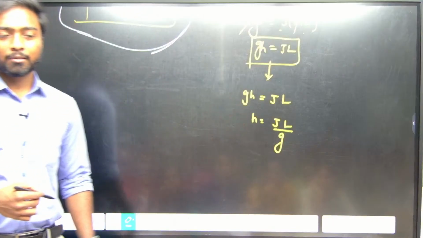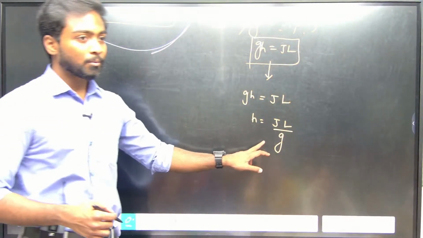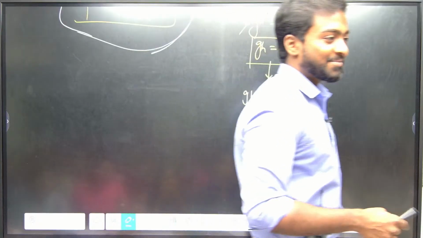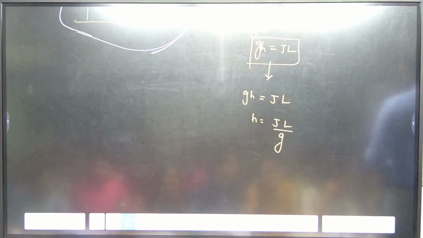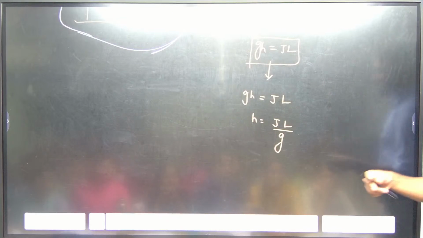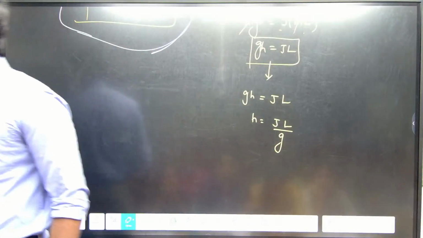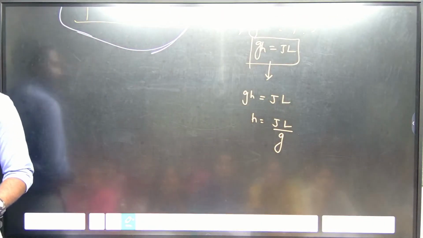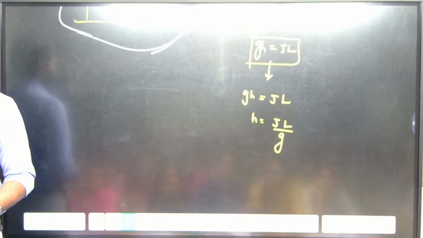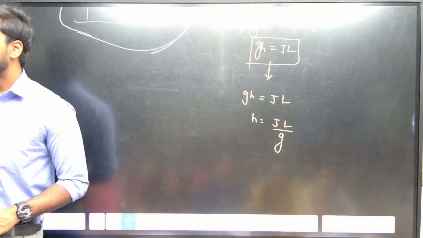Here what are the terms I know? Mass 1 kg, gravity we know. Then what about L? Latent heat, of fusion or vaporization?